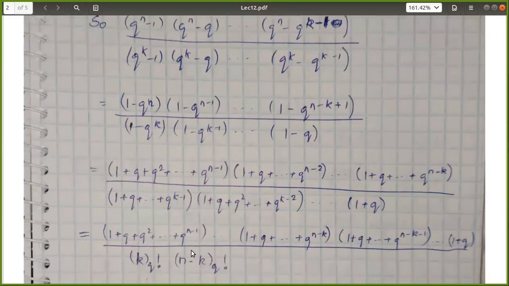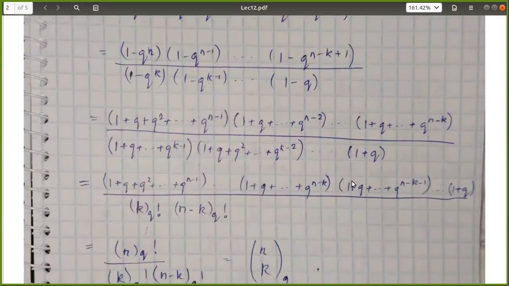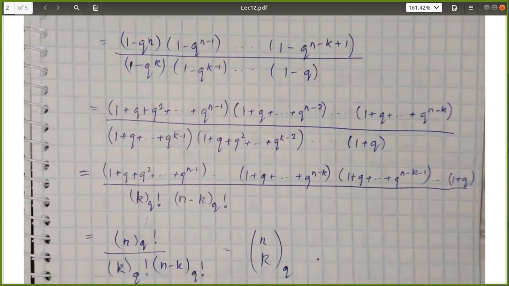So this entire manipulation is q factorial of n divided by q factorial of k times q factorial of n minus k, which is by definition the q multinomial coefficient n choose k, or n choose k comma n minus k. Okay.